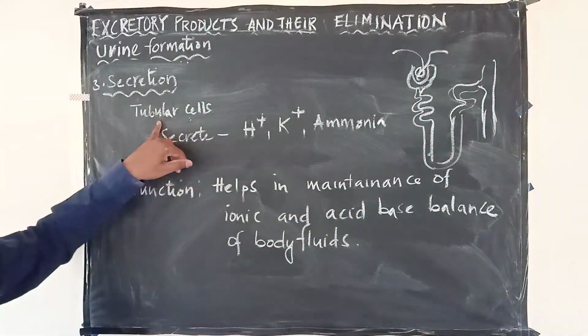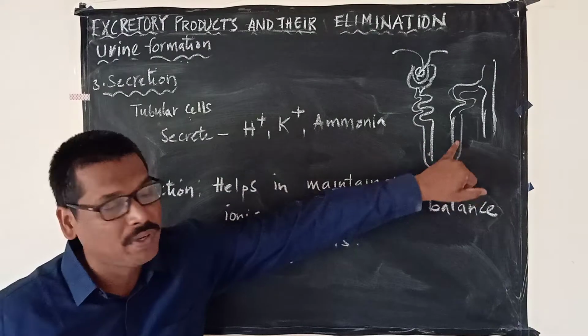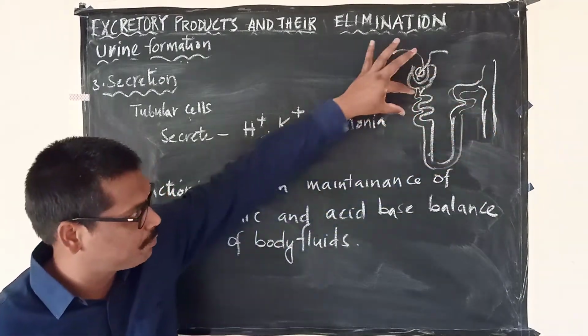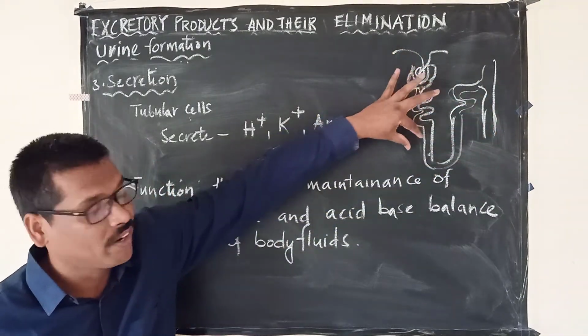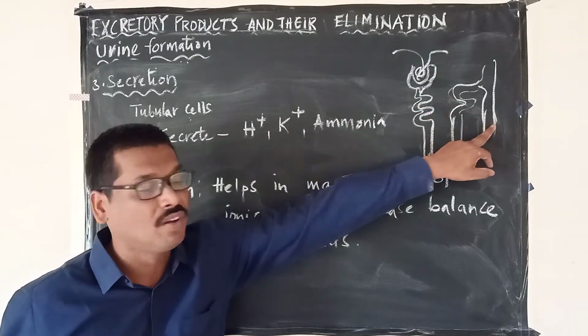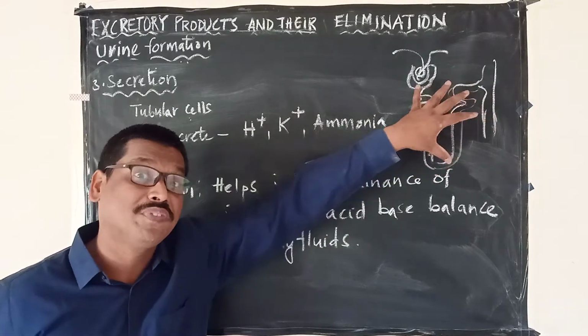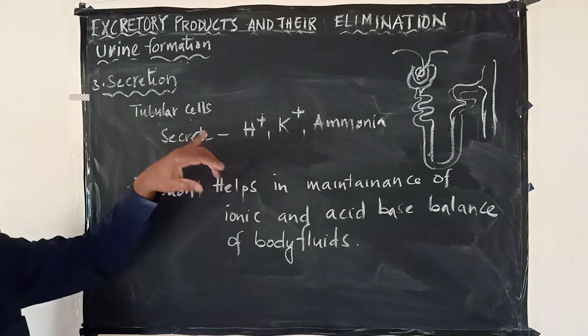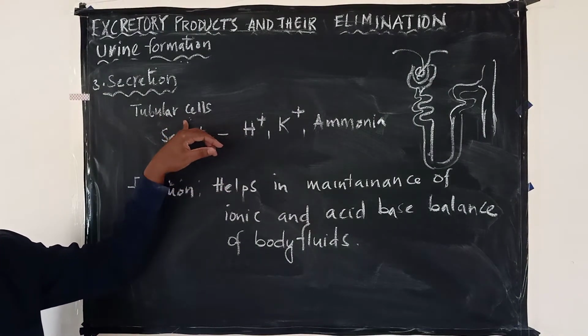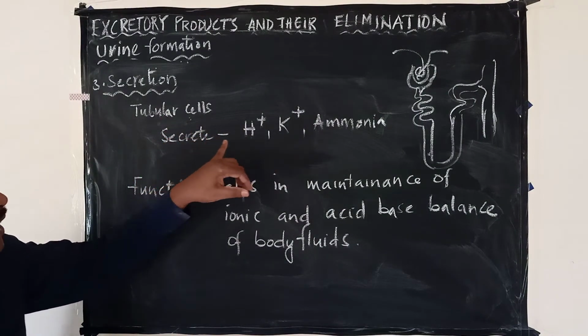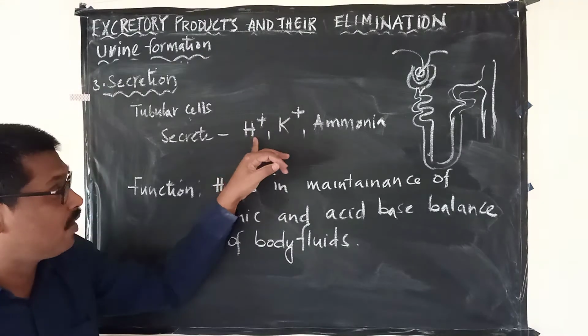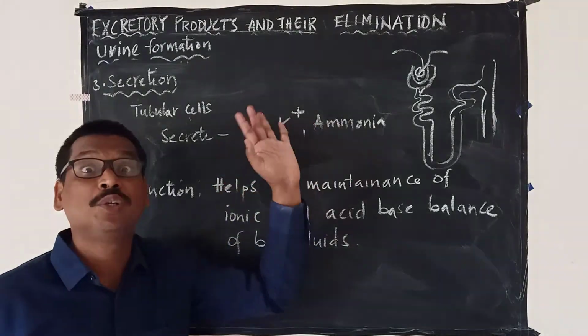The tubular cells of the renal tubule, either the proximal convoluted tubule, Henle's loop, distal convoluted tubule, or the collecting duct, are called tubular cells. They will be secreting hydrogen ions, potassium ions, or ammonia into the filtrate.